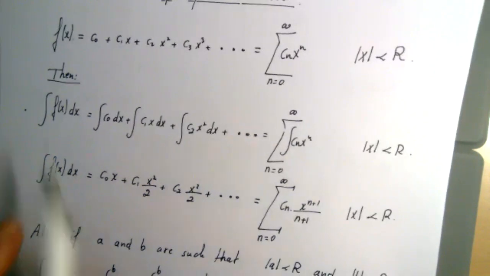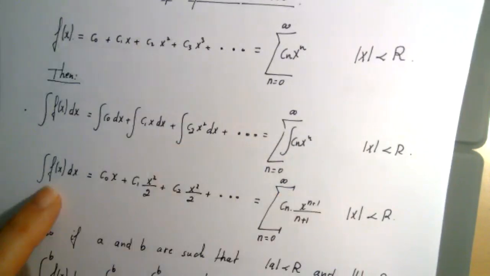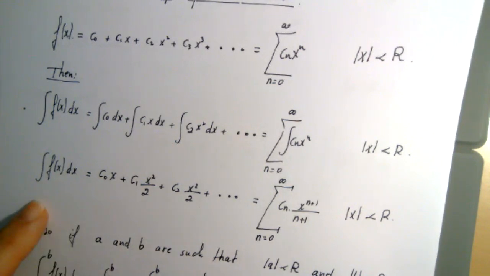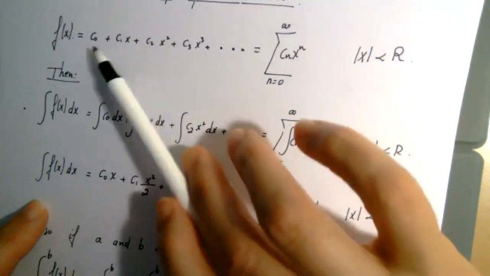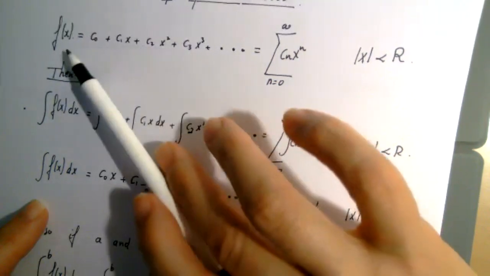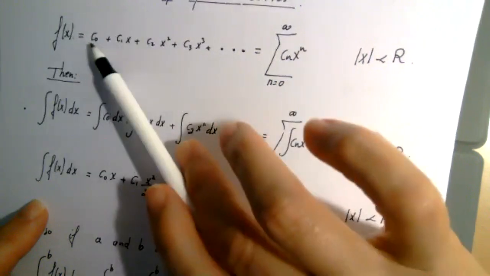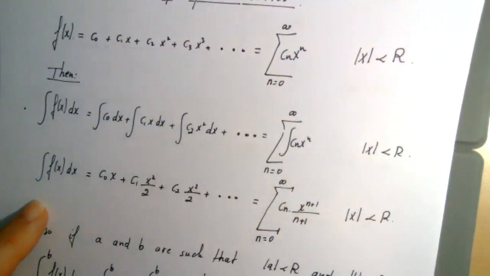but how to practice it is actually simple. So if I have a function and I know its power series representation, I know the power series of its antiderivative by taking the antiderivative of every single term. It means the integral of f of x dx is the term-by-term integration of everything.